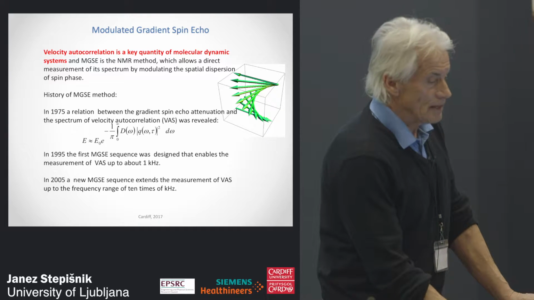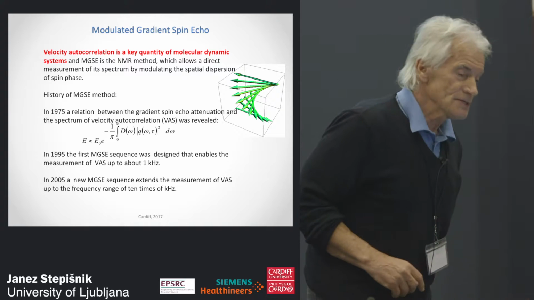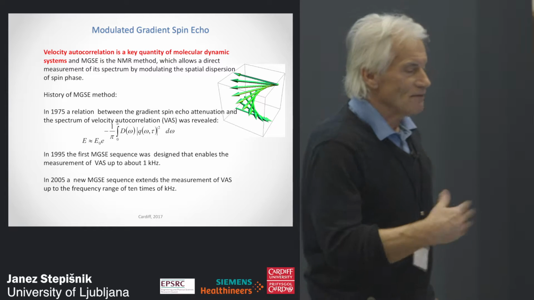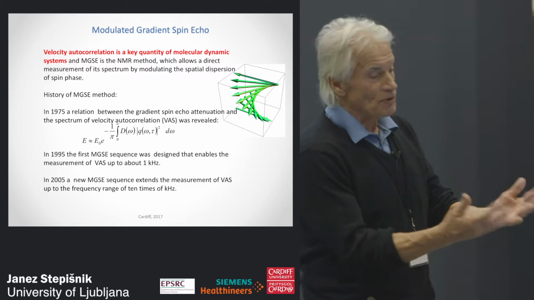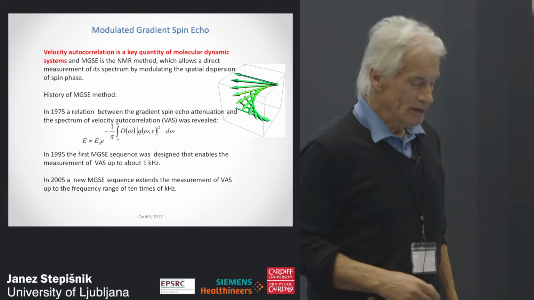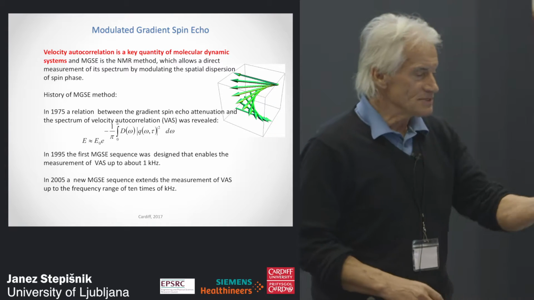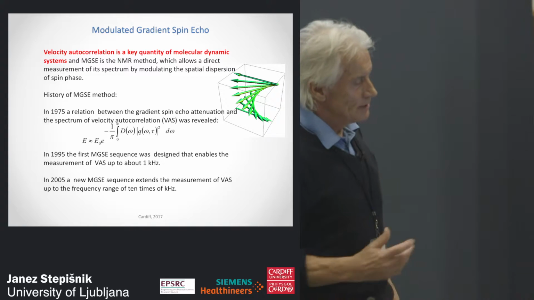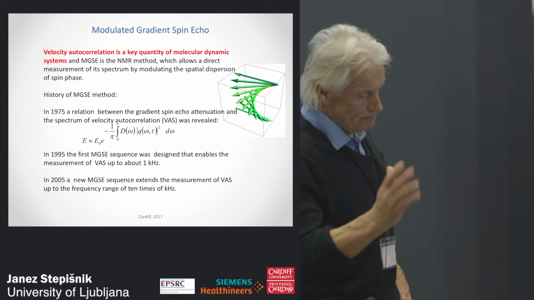First, modulated gradient techniques work so that you modulate the phase of the spin, moving up and down very quickly. It provides a kind of stroboscopic view of the molecular motion. The history is such that in 1975, I went to a postdoc in the United States. I will explain later.